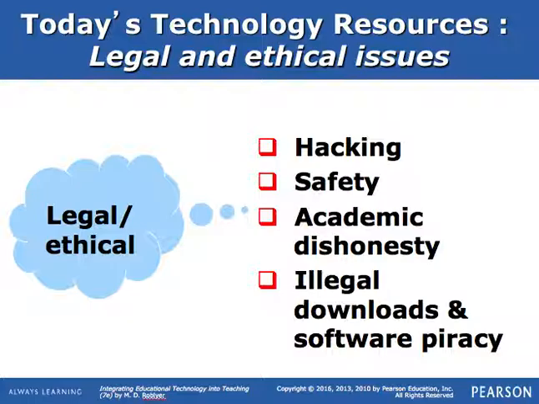So academic dishonesty, plagiarizing, those types of things, and then illegal downloads and software piracy. Again, that happens a lot. So those are things we need to look at as we go through technology in our schools.